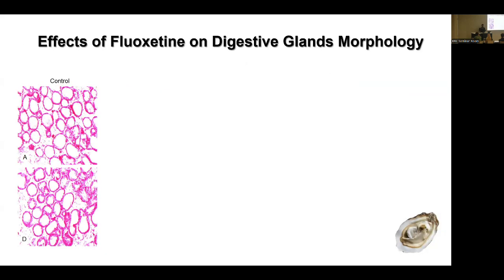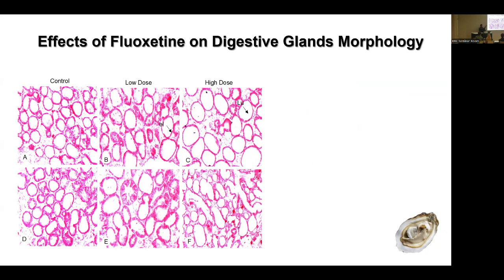So now let's talk about the result of low dose and high dose of fluoxetine on the oyster's digestive gland. The first picture shows the control where no fluoxetine was used. As you can see, the digestive gland in control has a very uniform, natural, healthy look. But in low dose and high dose, though it is not very easy to see by eye, there is an effect in low dose, and in high dose, as you can see, the deleterious effect of fluoxetine is represented by the expanded lumen area of the digestive gland, and in low dose the same.